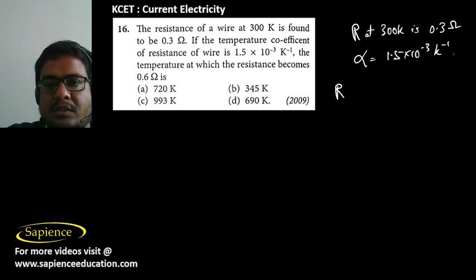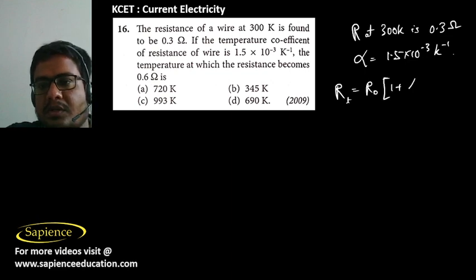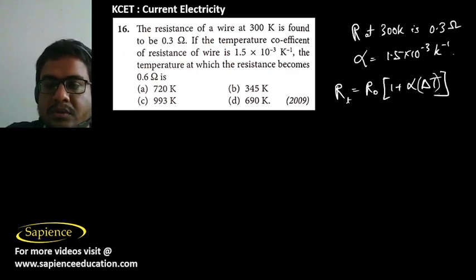So we know that R at any temperature T, RT, that is given as R naught into 1 plus alpha delta T. So with temperature the resistance increases.